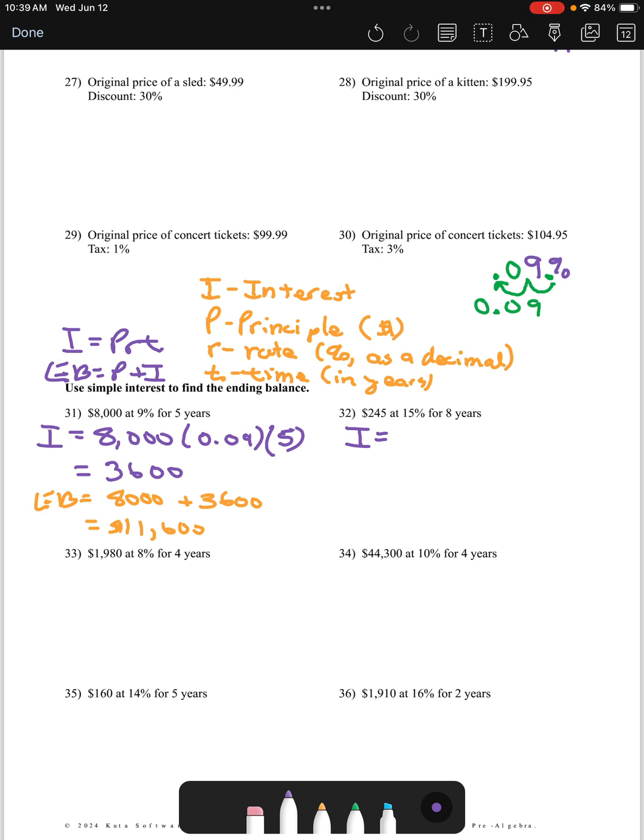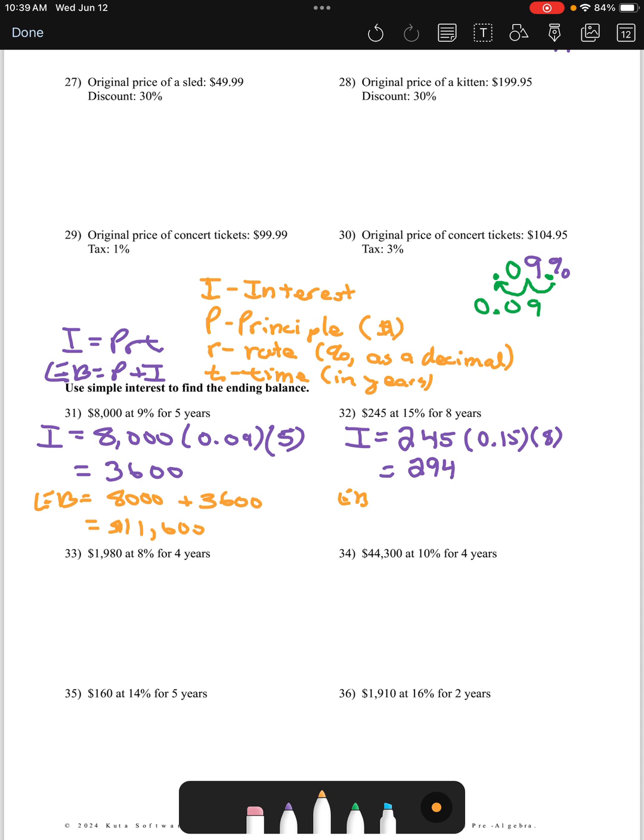So in 32, principal is 245. Our interest rate of 15% in its decimal form is 0.15. And our length of time is 8 years. So with a calculator, 245 times 0.15 times 8 is 294.